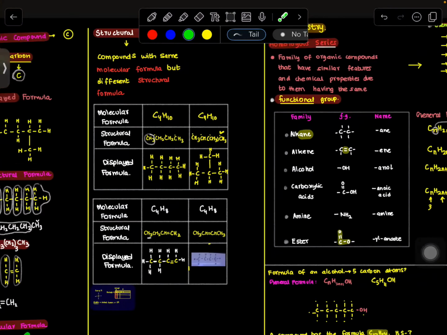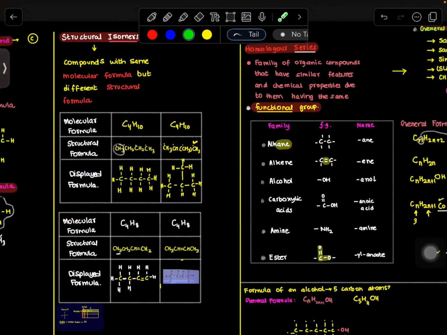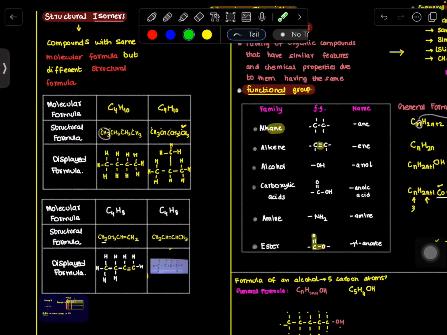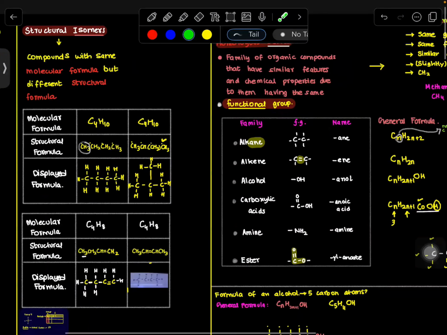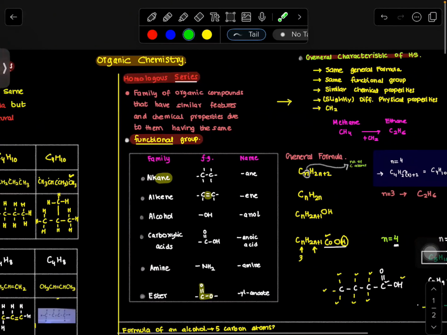Then we did what isomers are. We'll be doing more examples in following classes, but isomers are simply compounds with the same molecular formula but different structural formula, and we have a few examples here. And then we did functional groups in homologous series. We studied that homologous series are simply families of organic compounds that have similar features and chemical properties due to them having the same functional group.